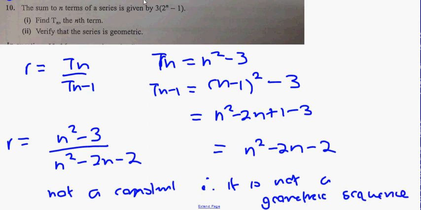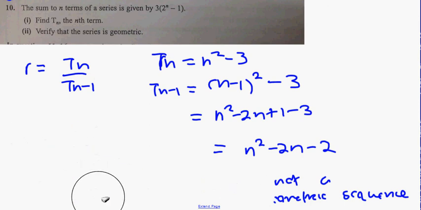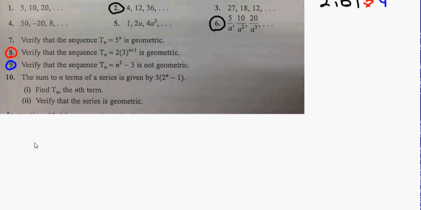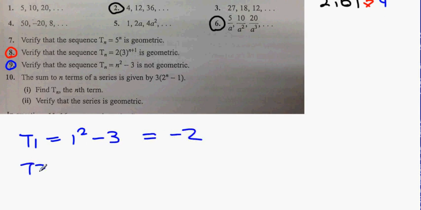Another way of doing that, if you wanted something else to back up what you're saying, is that you can find T1. T1 is n squared minus 3, or 1 squared minus 3, which is minus 2. Then T2 is 2 squared minus 3, which is 4 minus 3, which is 1.